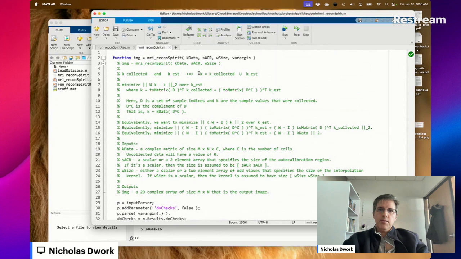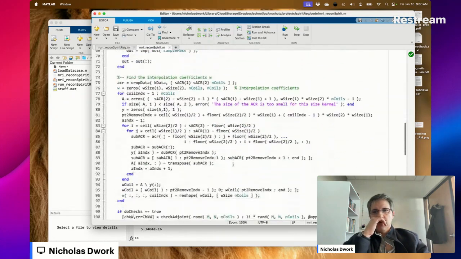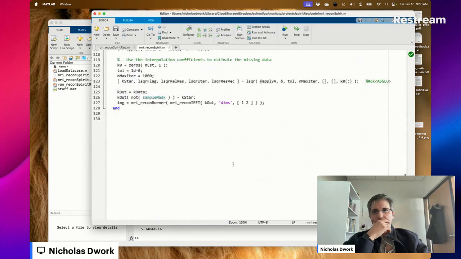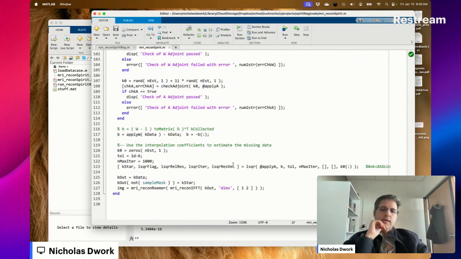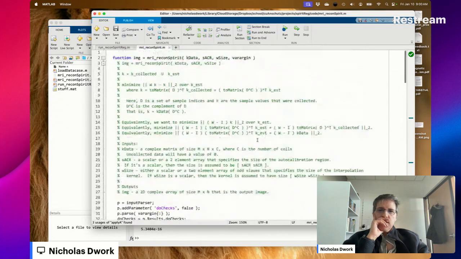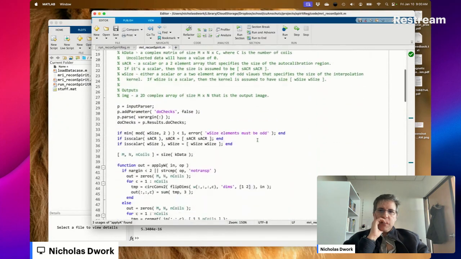This brings us back to what we were talking about before, where we were going to let the collected data values change. And I was saying the issue is that apply A needs to change now. Why?